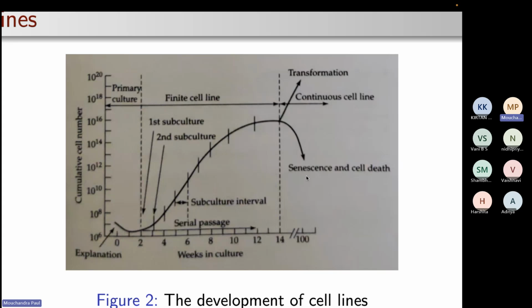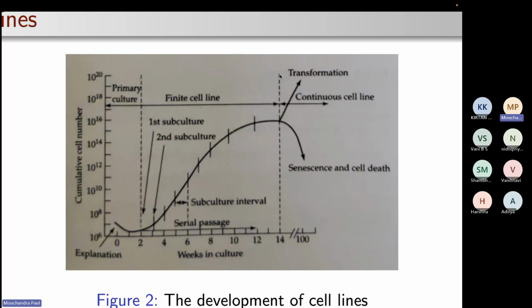you see that the cells will start showing signs of senescence, that is the cell has become old, and more cells you will see are dead. It can either go to this route after say the 14th week, or it can go to this route where the genotype of the cell has undergone genetic instability, like some kind of mutation has added up, because of which the cell line has spontaneously transformed.